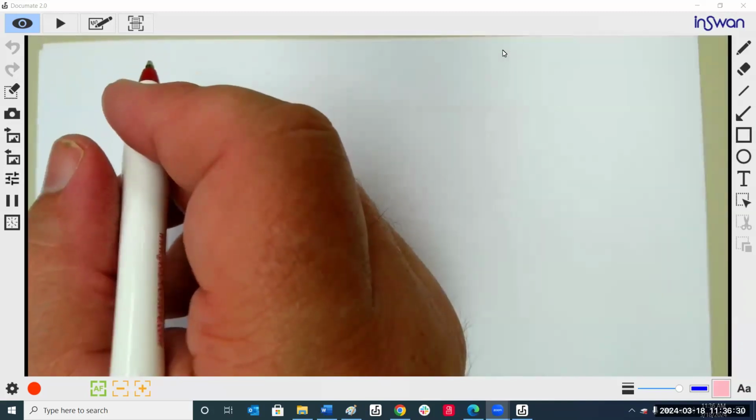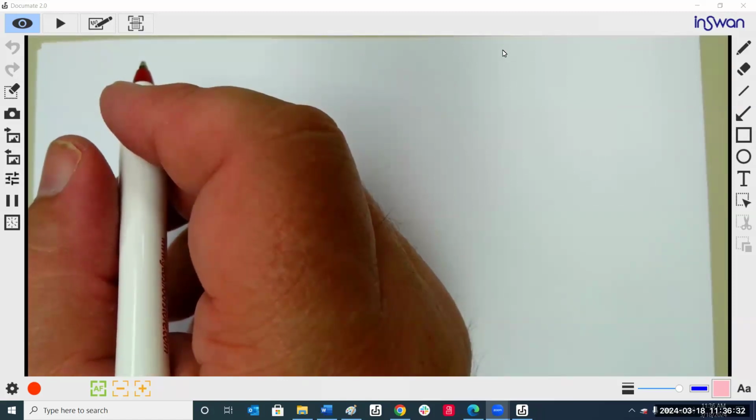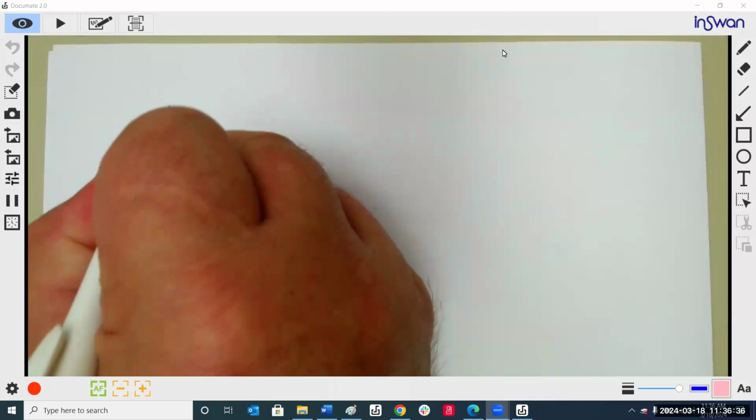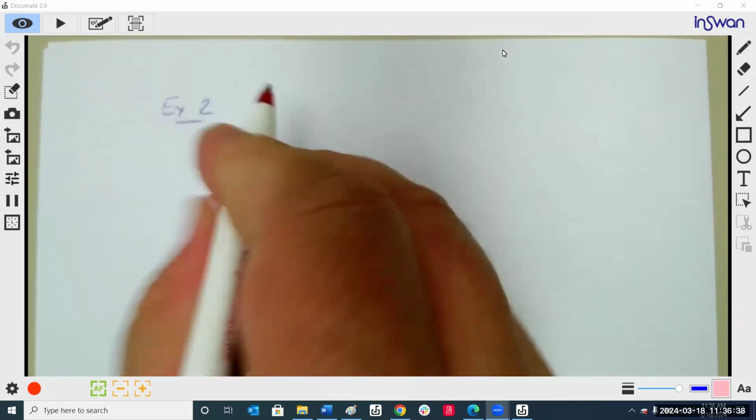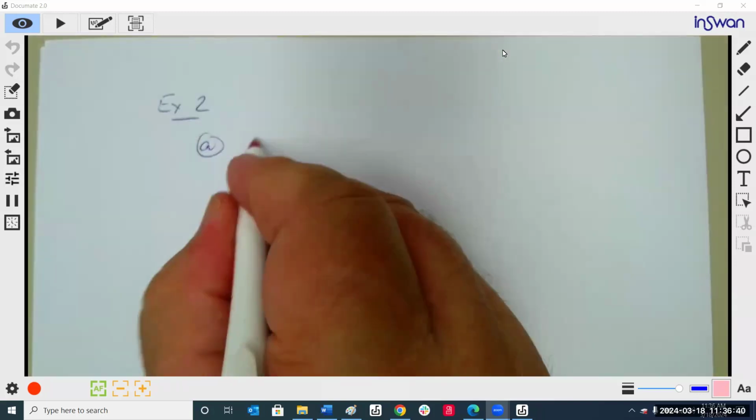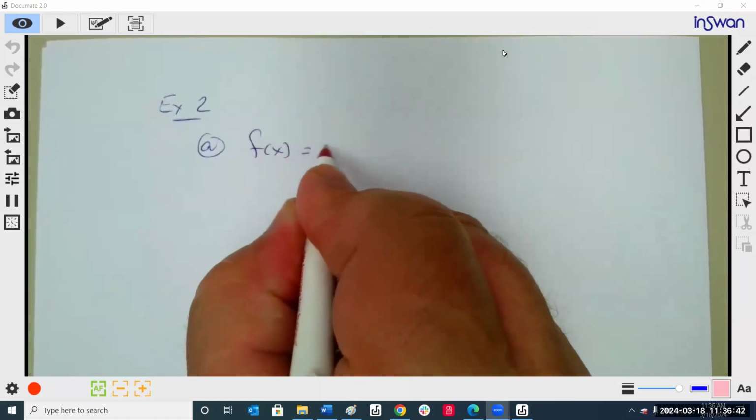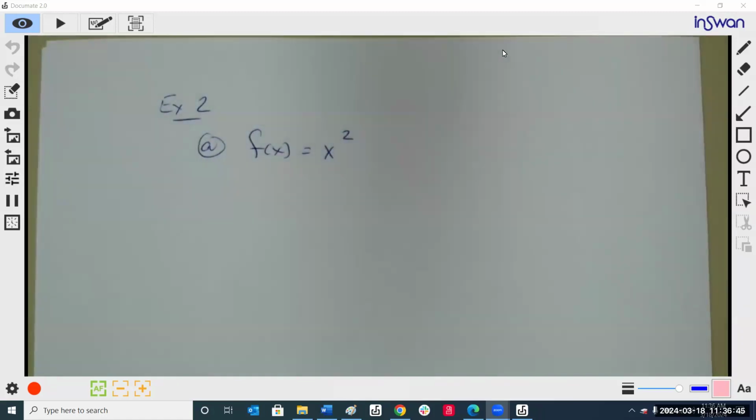Determine if it's 1 to 1. Oh, let's look at example 2 first. A. Determine whether it's 1 to 1. We're not asking about inverses yet. Is it 1 to 1?